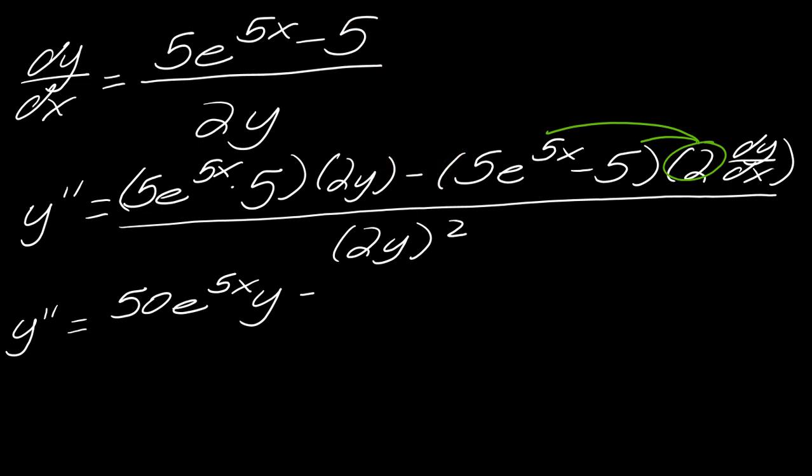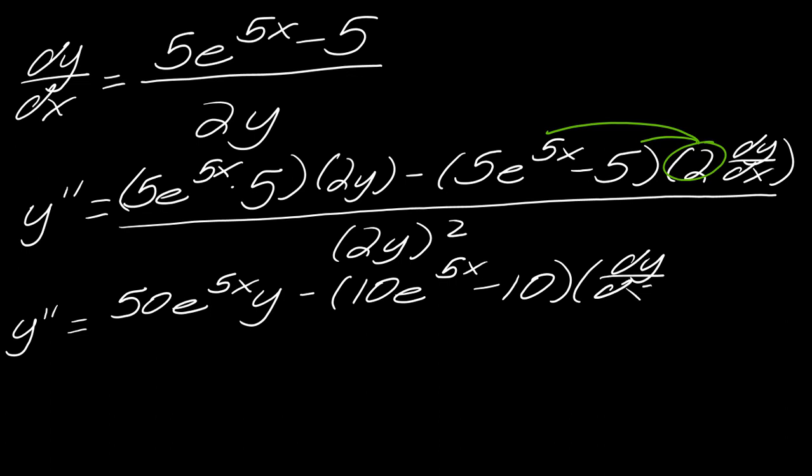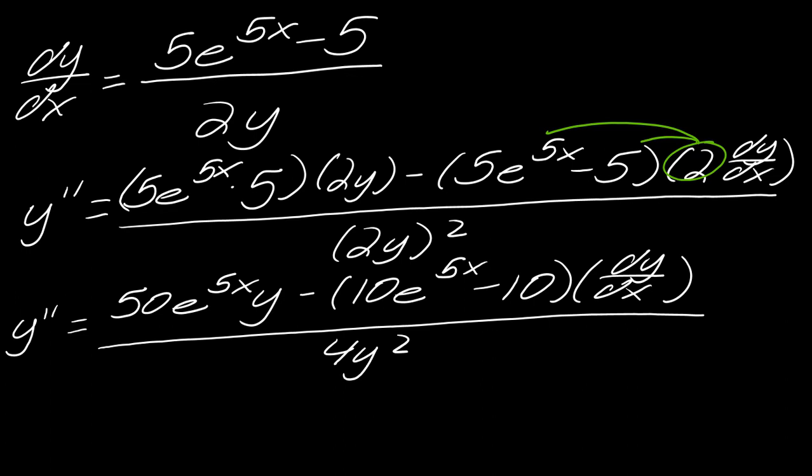Okay, so I'm going to have to leave parentheses here actually. So this is 10e to the 5x minus 10 times dy dx. And again, the only reason I didn't distribute the dy dx is because I know I have to rewrite this out again in a moment. So I'm just trying to save space here. And then all of this is going to be over 4y squared.